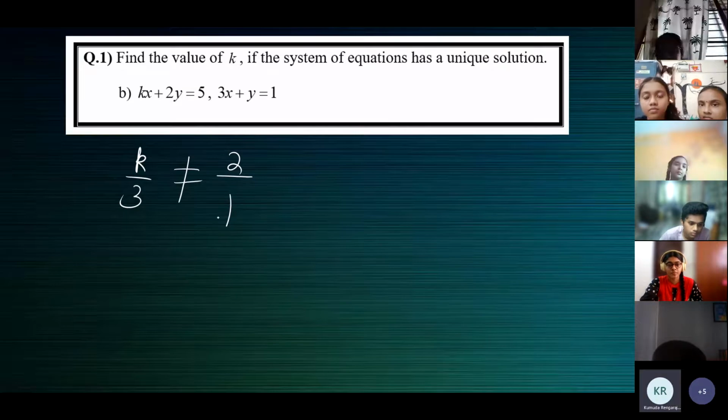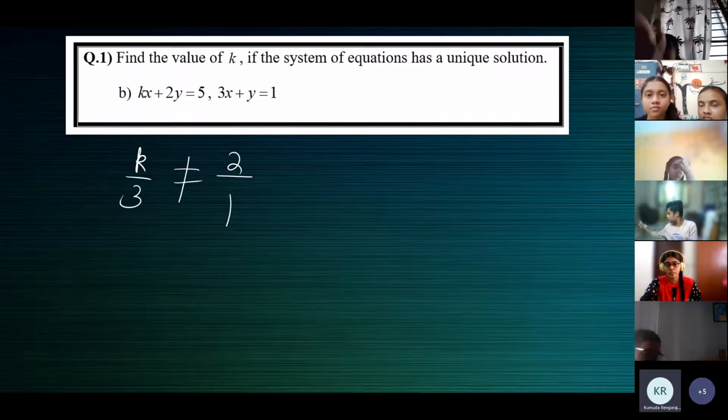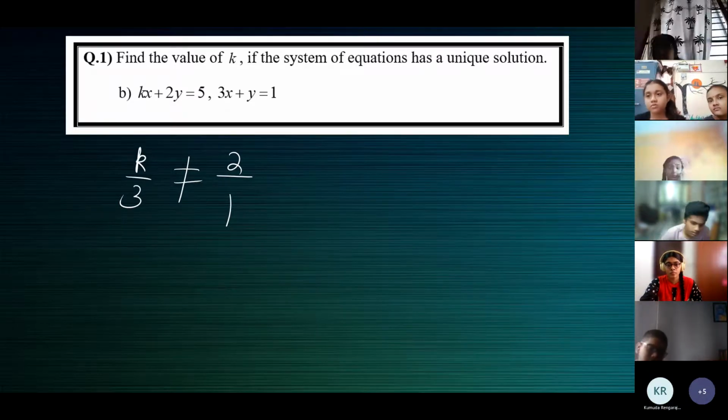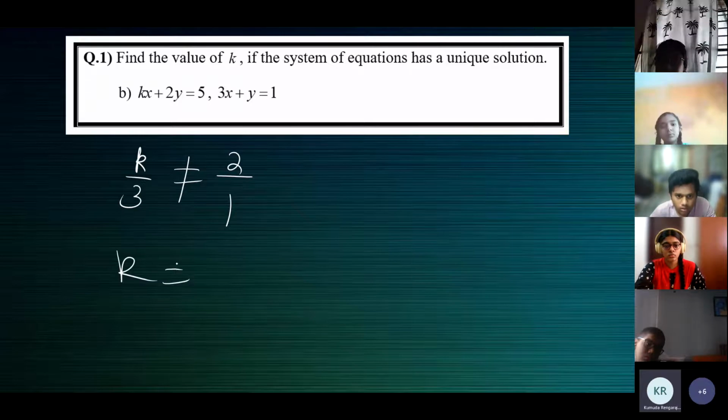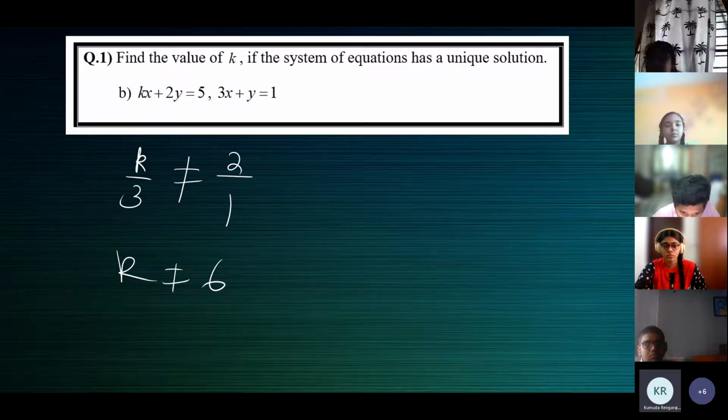Now the condition is a1 by a2 should not be equal to b1 by b2. So k by 3 not equal to 2 by 1. So k should not be equal to 6. So for all real values of k other than 6, the system of equations will have a unique solution.